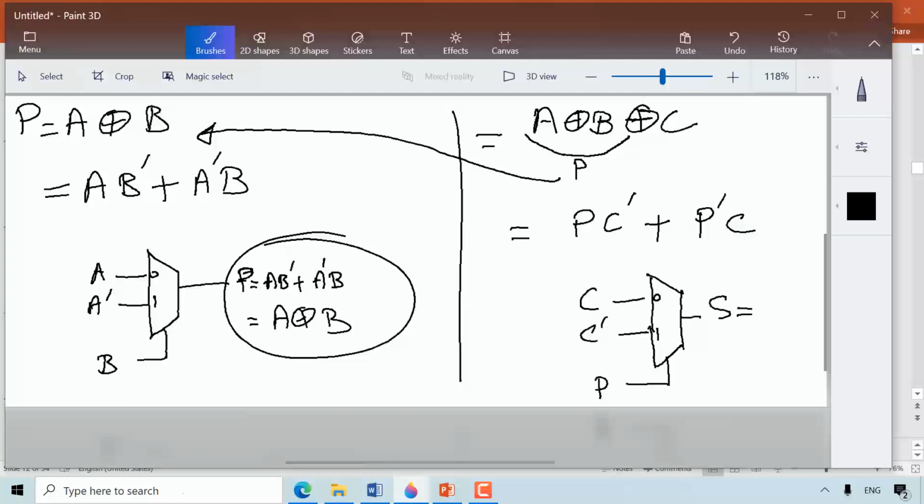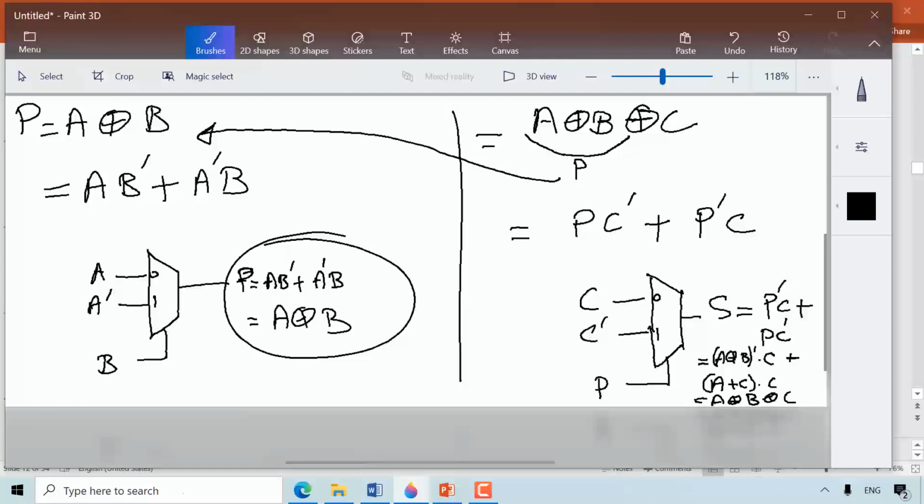So the value of the sum equals P prime C or P C prime, which is equal to, the P is A exclusive OR B, prime ANDed with C, or A exclusive OR B, AND C prime, which is equal to A exclusive OR B exclusive OR C.